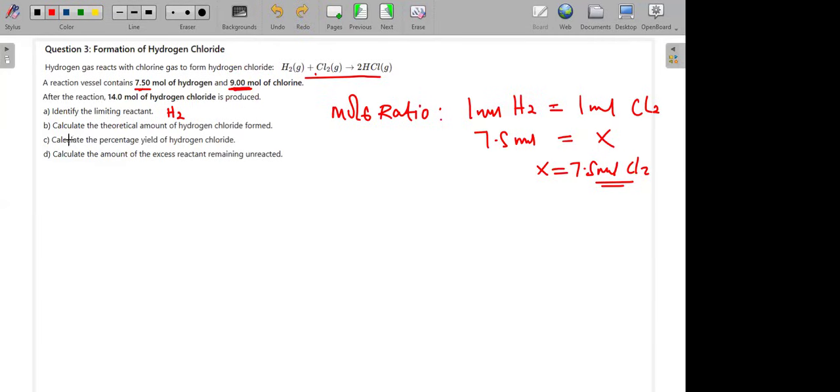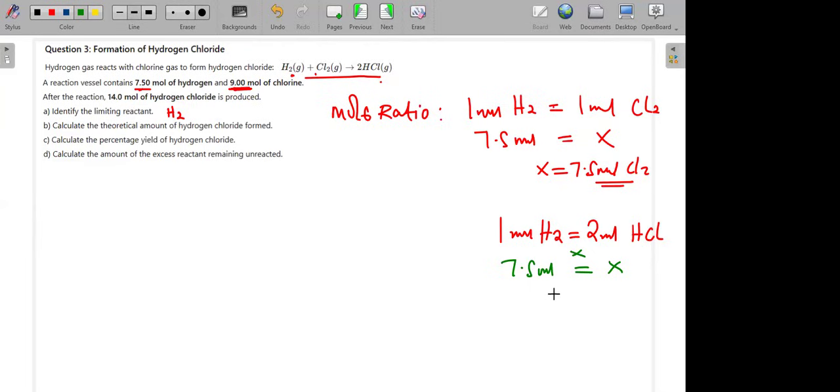B, calculate the theoretical amount of hydrogen chloride formed. The theoretical is always calculated based on the ratio with the limiting reactant. So from this equation, I get the ratio from the limiting reactant to my product. That ratio is 1 mole of hydrogen gas equals 2 moles of hydrogen chloride. So if I have 7.5 moles of hydrogen gas, how many moles of hydrogen chloride am I going to have?